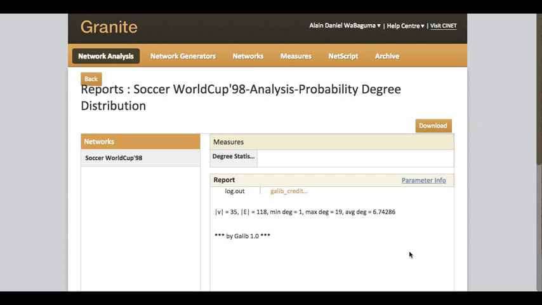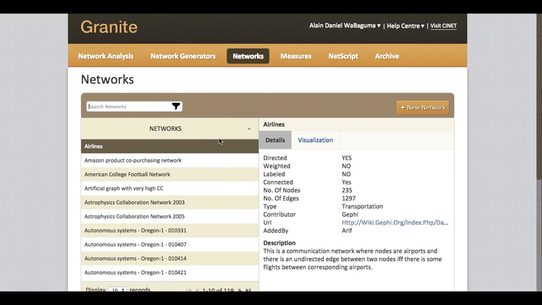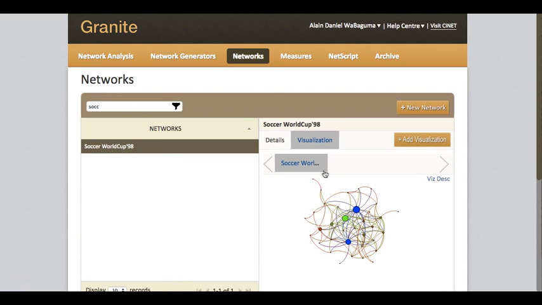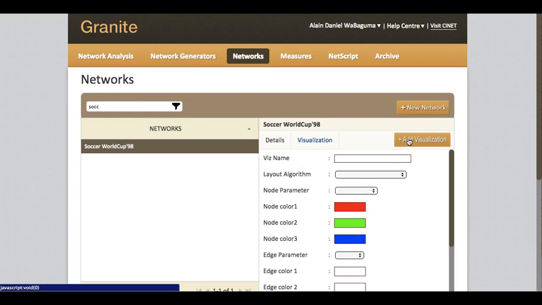Oh, I also need to visualize my network. And soccer. So I'll add another visualization in this one. Let's say the size this time will represent the degree.